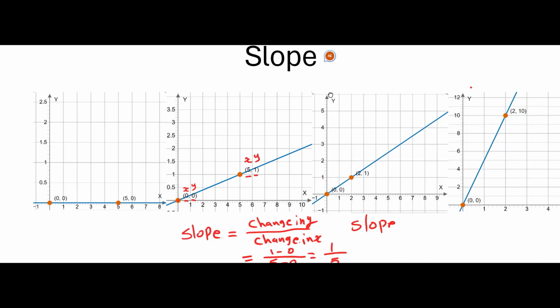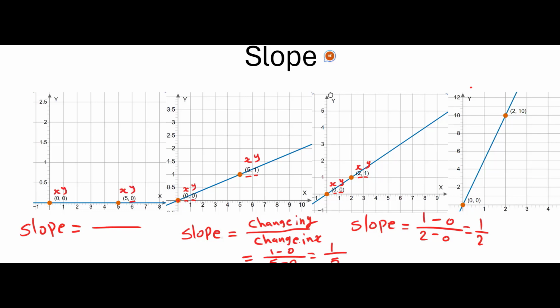Let's check this line's slope. Slope here will be what? Change in y, change in x. This is x, y, x, y. y minus y, it will be 1 minus 0 over 2 minus 0. Then the answer here will be 1 over 2. If you try here to find the slope, this is x, y, x, y.